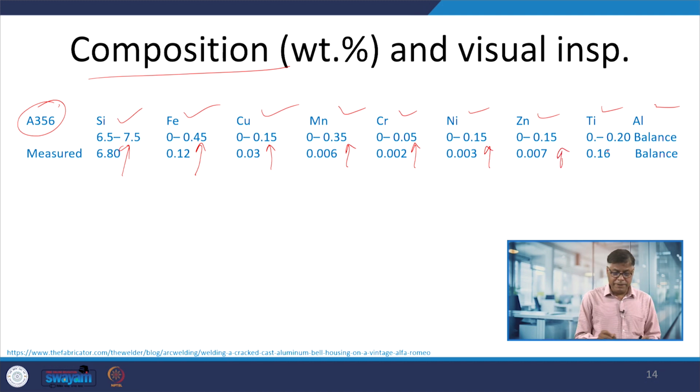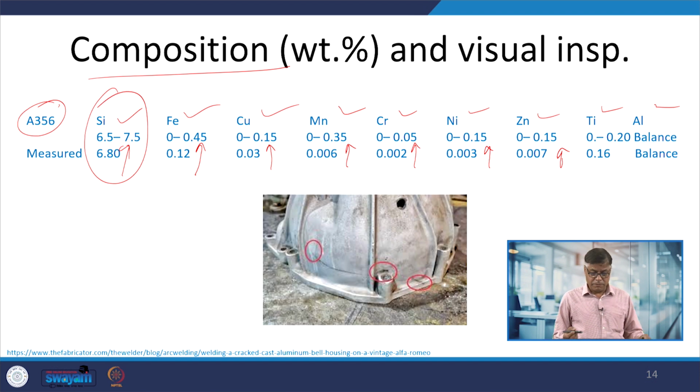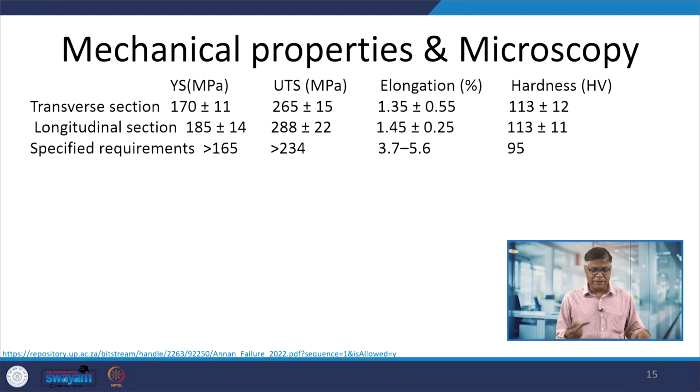So, predominantly the alloy is an aluminum silicon alloy, very much in the range. And the study showed that there was a crack in this housing. What was the reason behind the cracking of this aluminum housing?